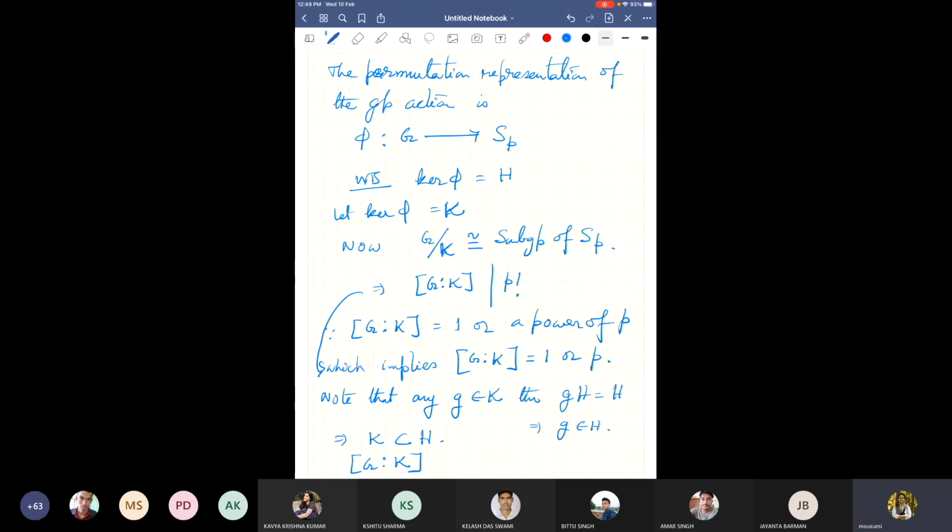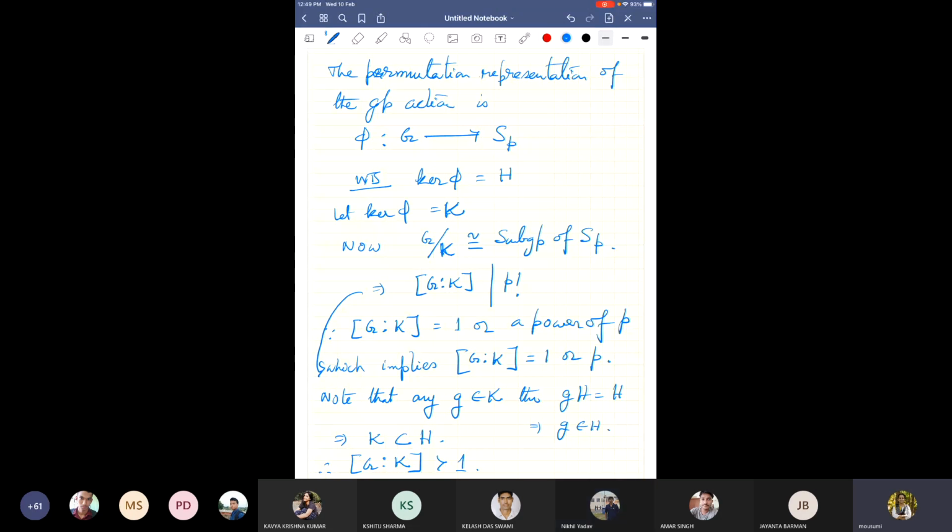That means this index has to be strictly greater than 1. Is it clear? Yes, ma'am.